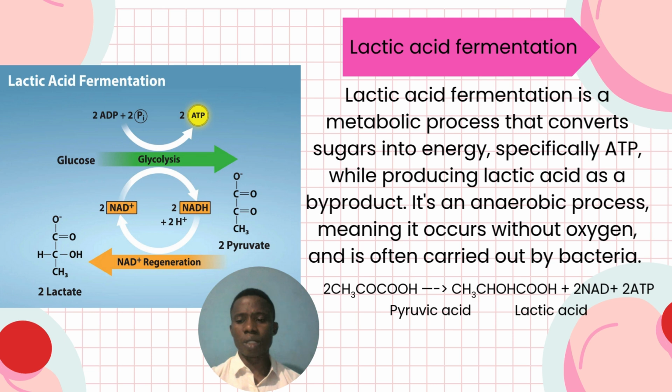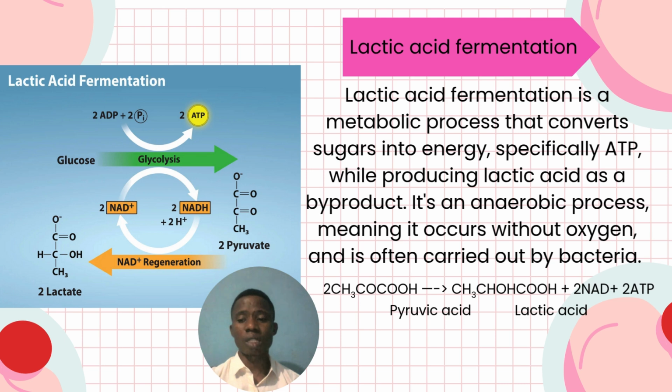Lactic acid fermentation occurs in certain bacteria and in animal muscle cells during intense exercise when oxygen supply is limited. It is a way of quickly producing a small amount of ATP without oxygen, but it also leads to the build-up of lactic acid, which can cause muscle fatigue.